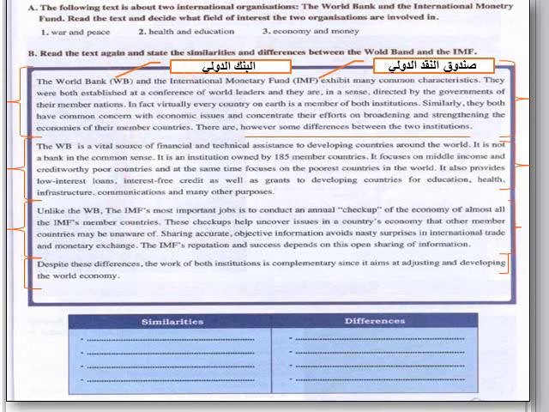Donc now let's move on to a question. So here the field of interest is what? Yes, any guesses? It's very clear. So it's what? Yes, it's economy and money. Here the text talks about economy and money.